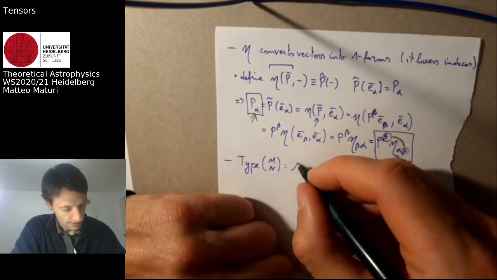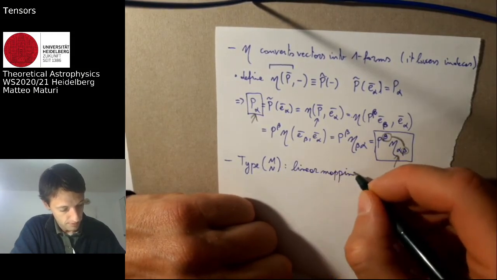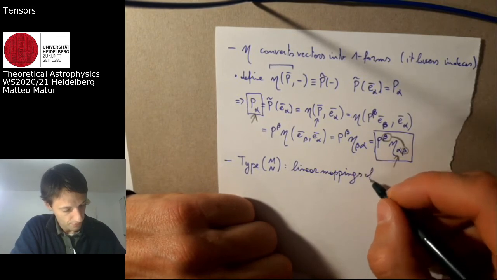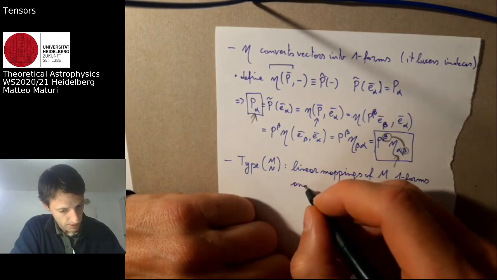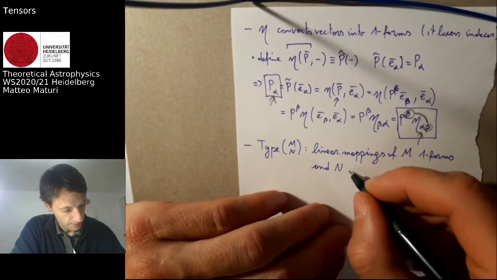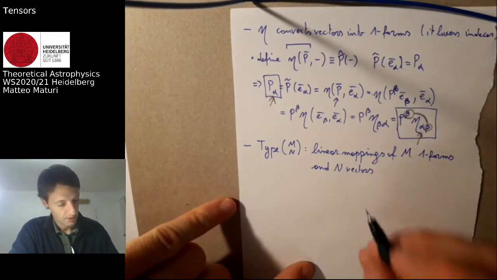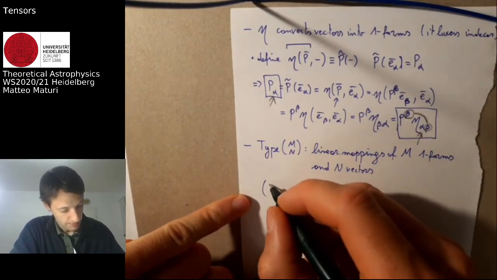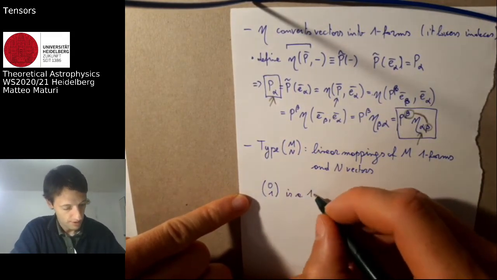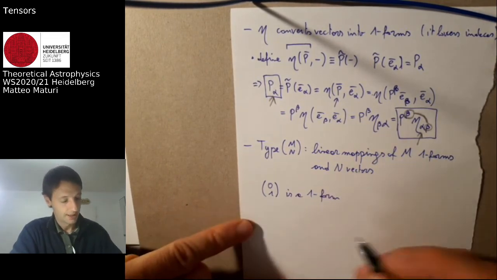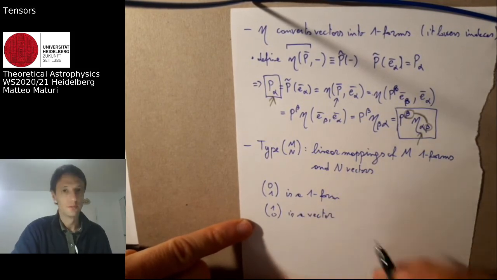And these are, you already know, linear mappings of M one forms and N vectors. An example can be 0, 1, and this is a one form. Another example is 1, 0, and this is a vector.